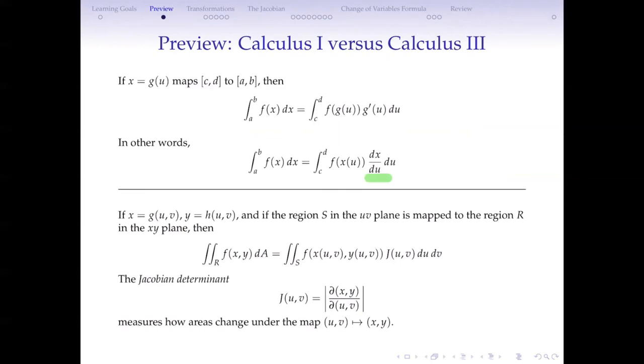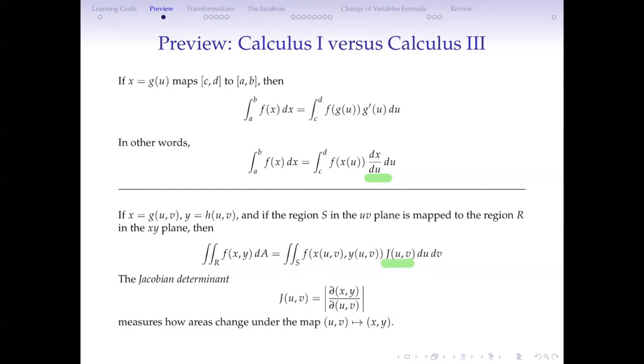So here's a preview. We're going to take this apart and discuss it in detail in the lecture to come. For a plane region, a change of variable involves two functions. And it involves regions in a UV plane, so that's a two-dimensional space, a region in the UV plane. If a region S from the UV plane is mapped to a region R in the XY plane, then the integral over R of a function f is the same thing as the integral over S of f with this change of variables, where there's a factor called the Jacobian, which we're going to introduce.